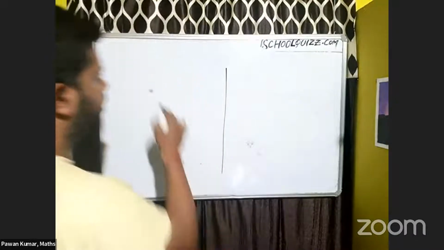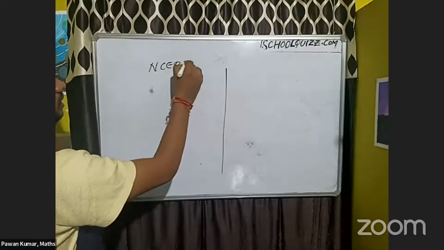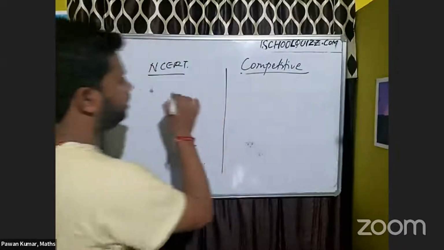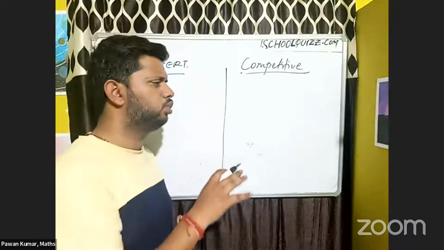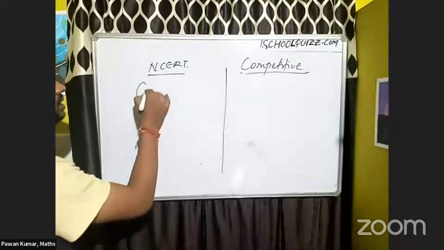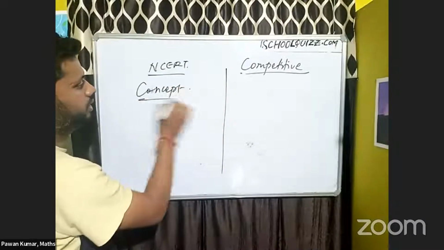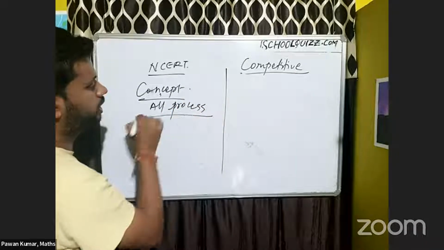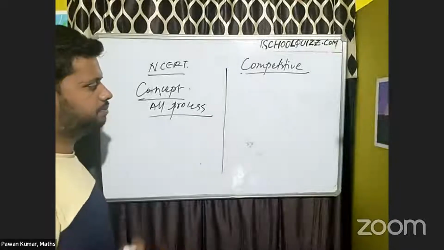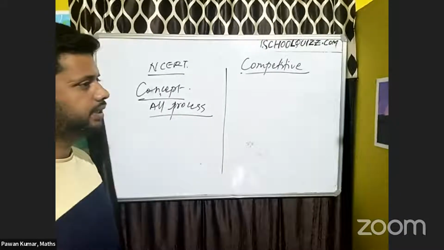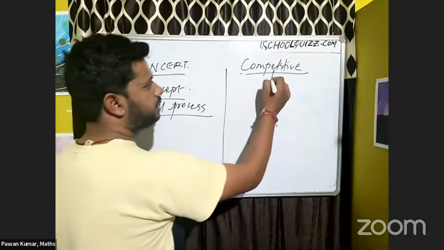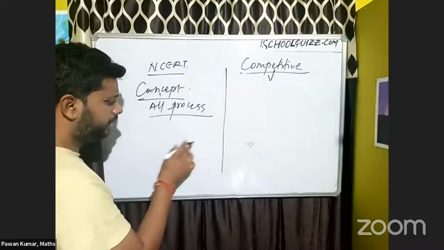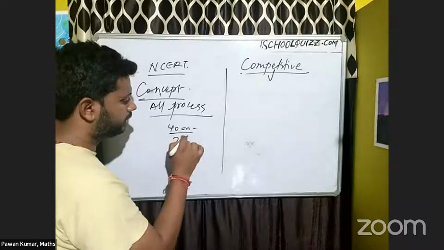Simply thing is what, NCERT and competitive, ठीक है, both are means so many differences there in that. यहाँ हमें कॉन्सेप्ट बेस पे चलना पड़ता है, ठीक है, कॉन्सेप्ट एंड ऑल प्रोसेस, टोटल प्रोसेस I need to mention here. हर एक स्टेप्स हमें शो करना पड़ता है कि how you are getting there, there is no shortcut for that. But if competitive is there, if you are asking, suppose मुझे अगर यहाँ पे एक क्वेश्चन देना होगा, let it be for 40 marks question, you are getting almost 2 hours, correct.